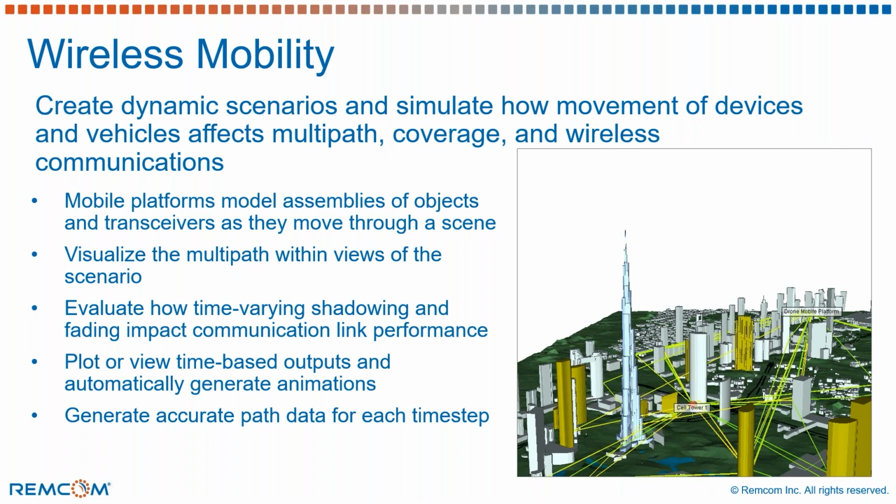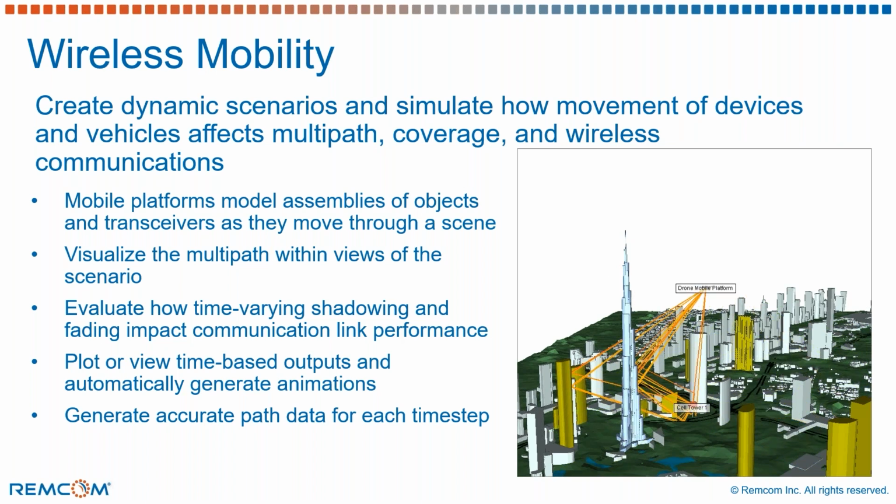You can visualize the multipath in the scenario. You can plot versus time, looking at how shadowing varies over time, how fading is impacted over time, how link performance is affected over time.